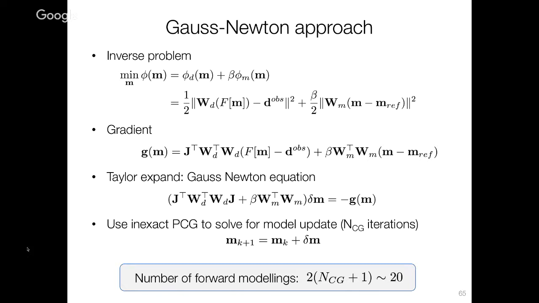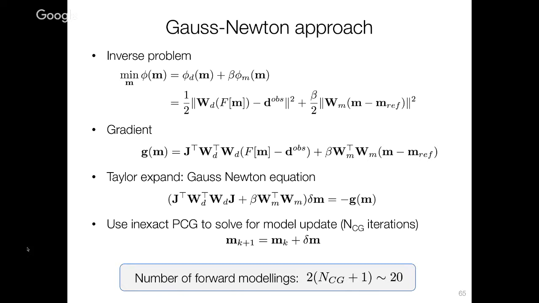The number of forward modelings that's required: we're going to use a conjugate gradient scheme to solve this. So that means applying this matrix onto the right-hand side. So that means we need to be able to multiply J onto a vector and J transpose onto a vector. Each time we do that, it's effectively another forward model. So here's where all of the computations come in.